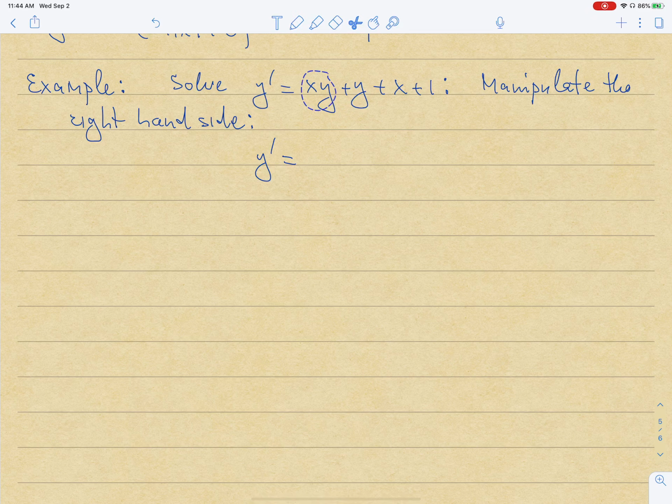There is a common factor of y in these two terms, so this should be y times x plus 1 plus, and these two I can also associate together, x plus 1. So then there is a common factor of x plus 1, and you get y plus 1 times x plus 1. And this is separable.